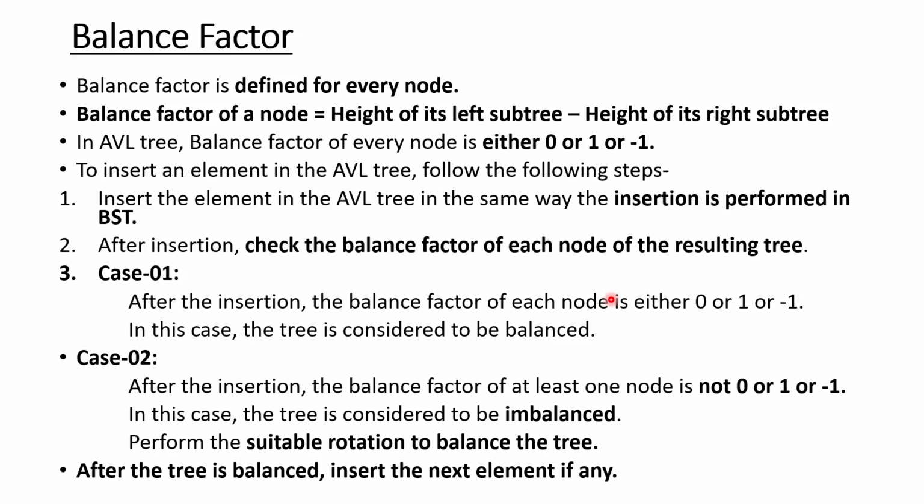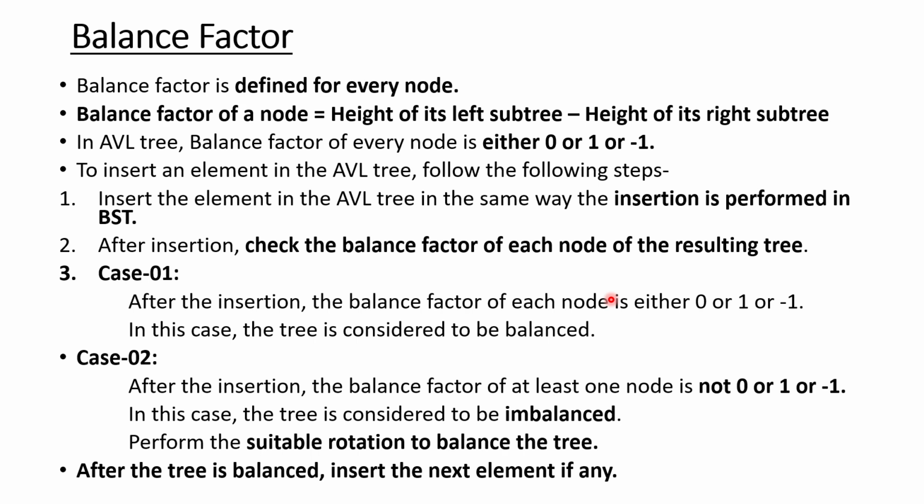The searching will be efficient. The performance is very good in such a case. Case 2: after the insertion, the balance factor of at least one node is not 0, 1 or minus 1. The tree is said to be imbalanced. In such a case, you have to balance the tree either to the right side or to the left side, either once or twice.